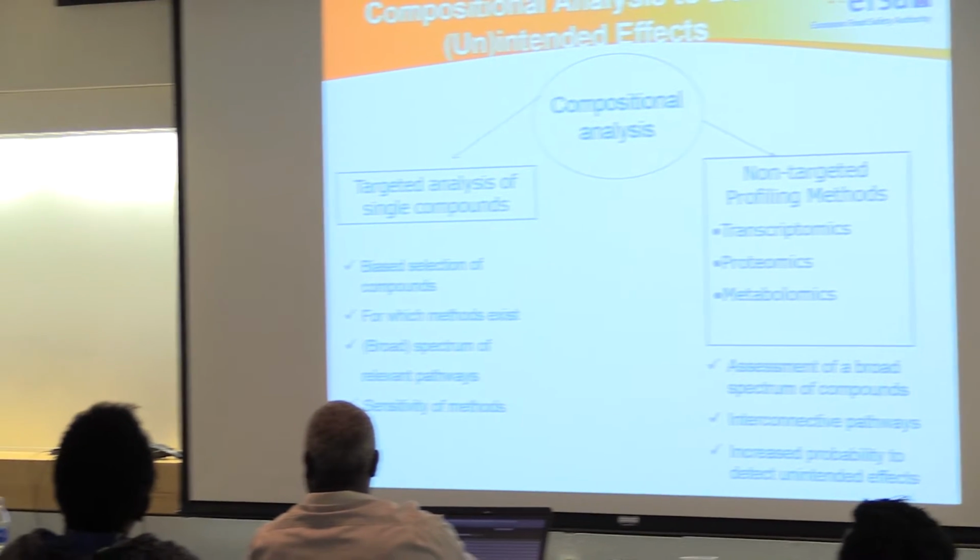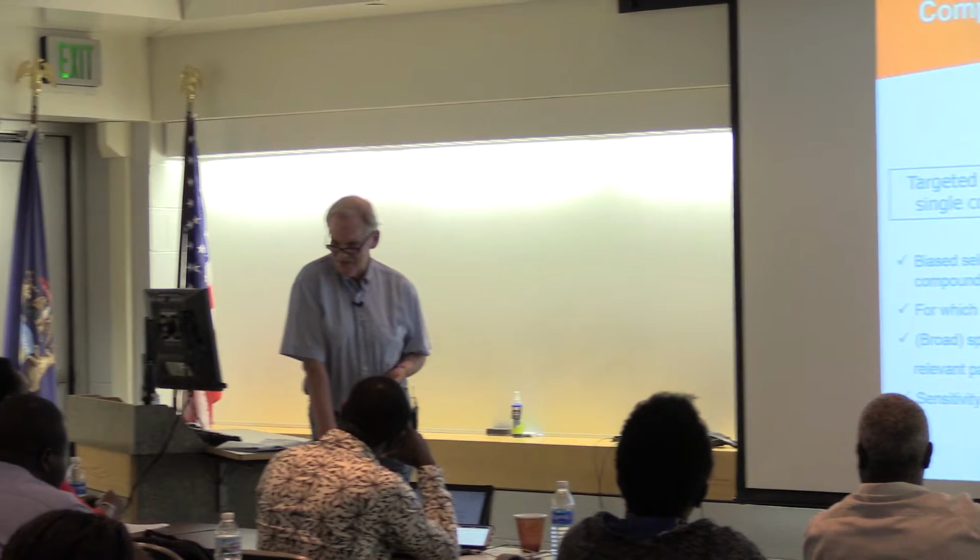Is it 1% or 2 or 3%? Anyway, it's very little, so I don't know whether that is very representative for what you are trying to do. And transcriptomics is difficult, but not impossible. There are some good studies in that area which show it could be very useful when you would like to extend your compositional analysis using these profiling methods.